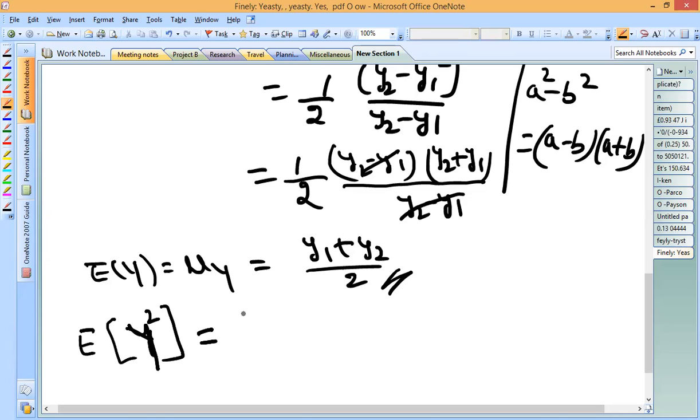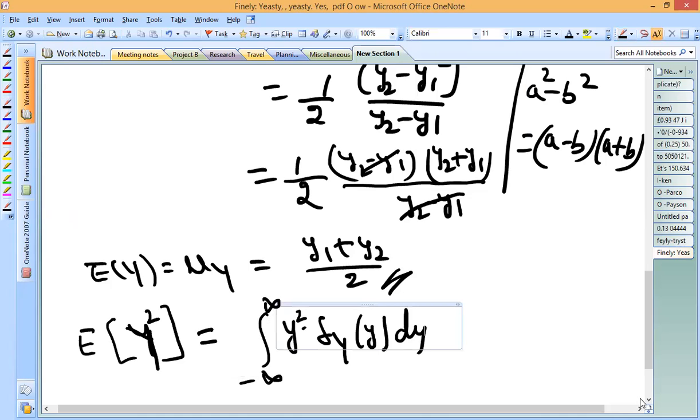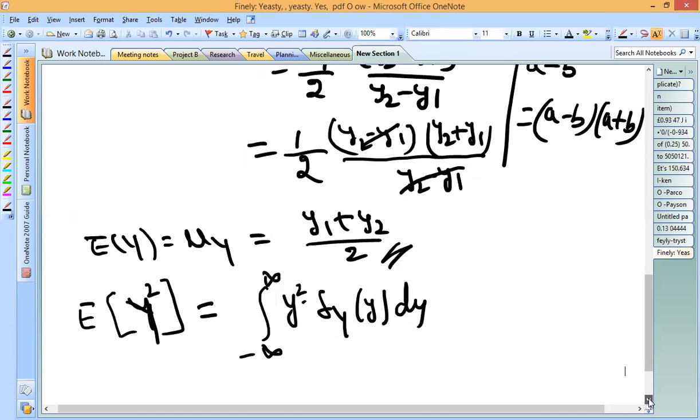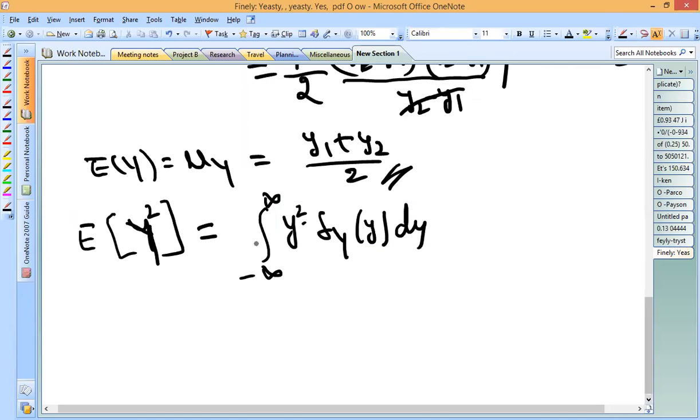This is the integral from minus infinity to plus infinity. First we'll write the original equation, then you can replace the integral values. This is y square into fy of y with respect to dy, which we need to integrate. Now we'll change the limit from minus infinity to, just a minute.